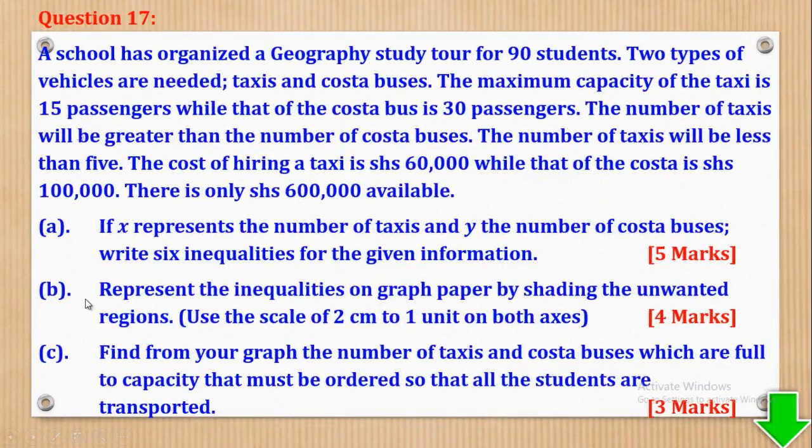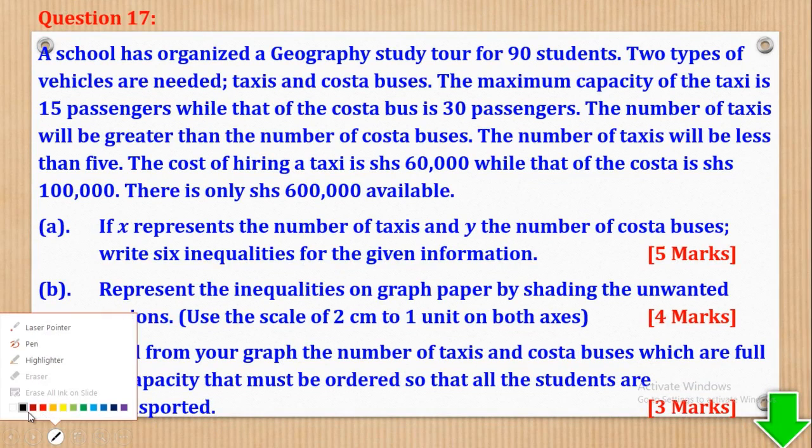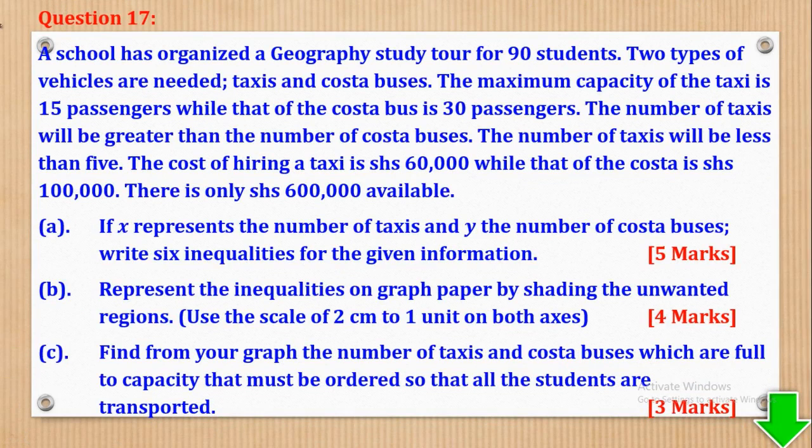So now we shall go to question 17. Question 17 says, a school has organized a geography study tour of 90 students. 2 types of vehicles are needed: taxis and coaster buses.